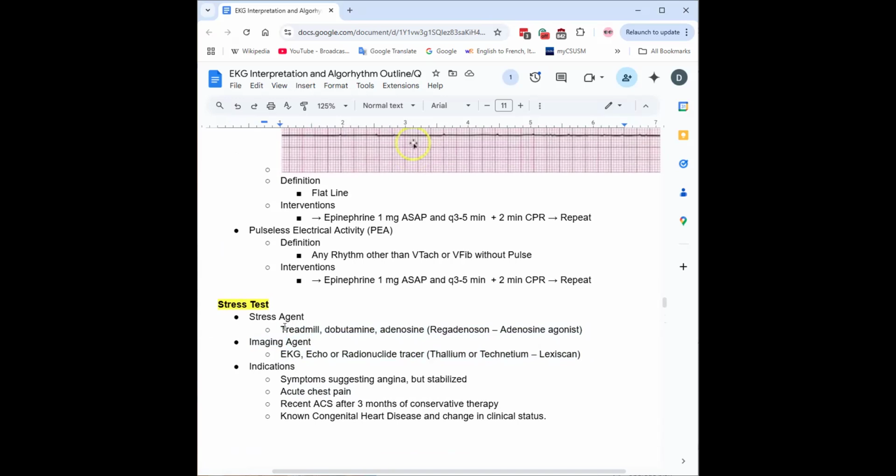Most of the time in the hospital, you're not going to see the treadmill. I've seen the regadenoson. It's an adenosine agonist, which is interesting because with adenosine we think of it as stopping the heart, but in this case it's causing stress, essentially the feeling like you're working out. I looked this up because I was like, why does that work?